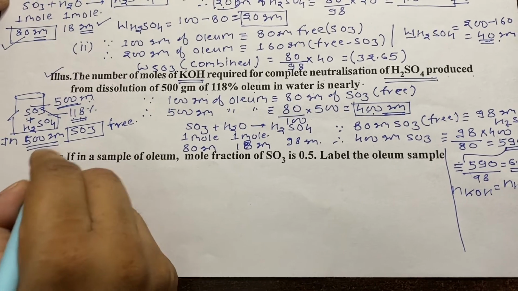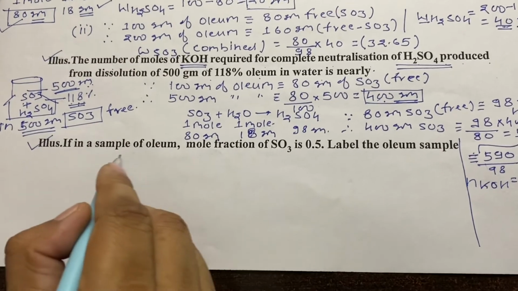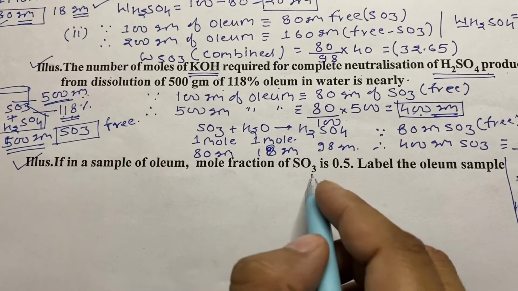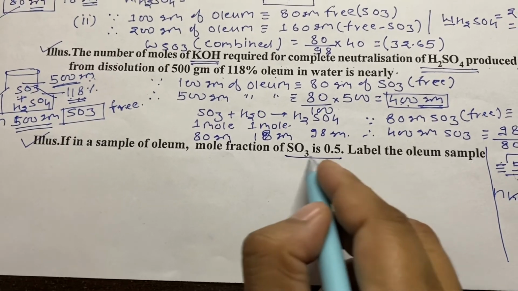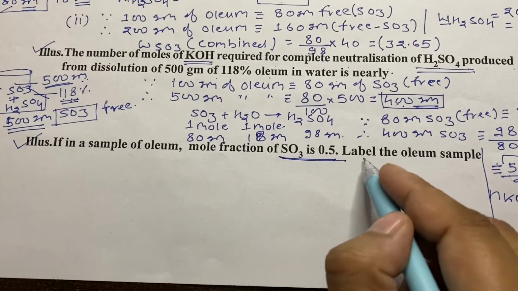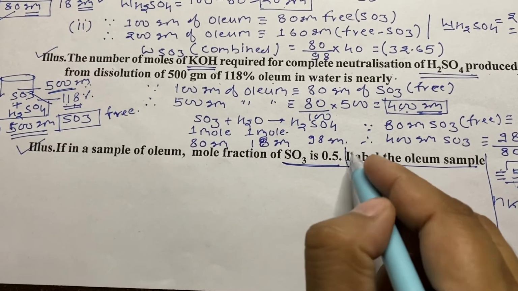Let's take another example. If a sample of oleum with mole fraction of SO3 0.5 is given, now we want to label the oleum sample.